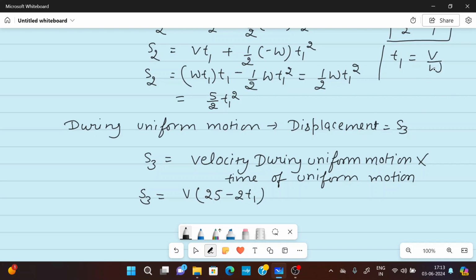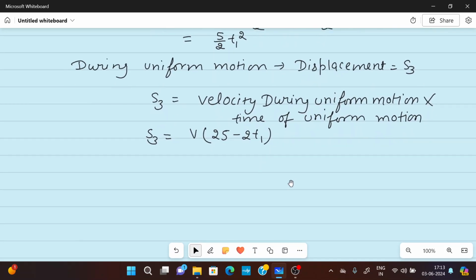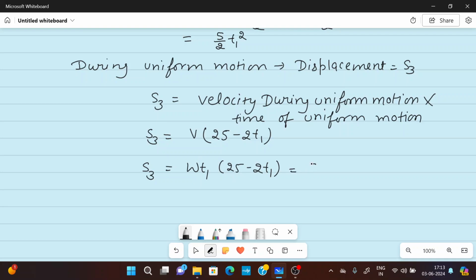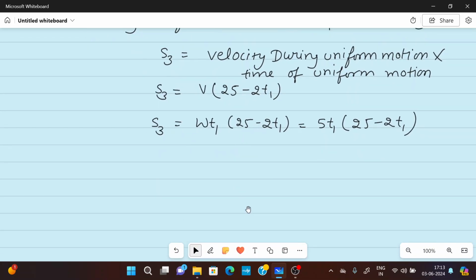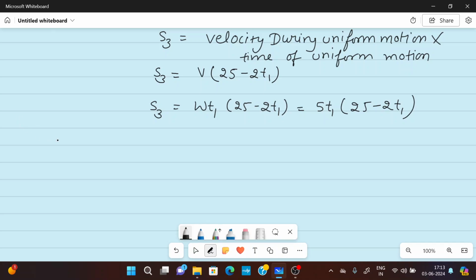Putting the value of v from here, that is w into t1, S3 will come out to be w into t1 into 25 minus 2t1. Putting the value of w here, we will get S3 is equal to 5 into t1 into 25 minus 2t1. Adding the three displacements, we will get the total displacement.